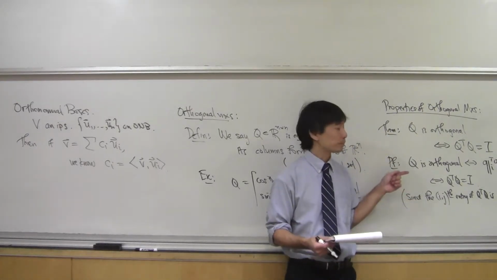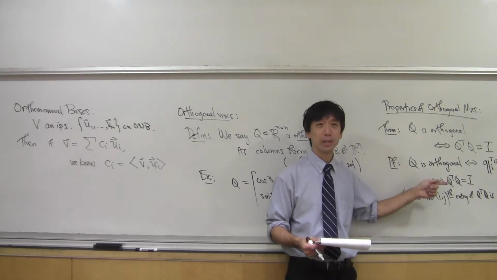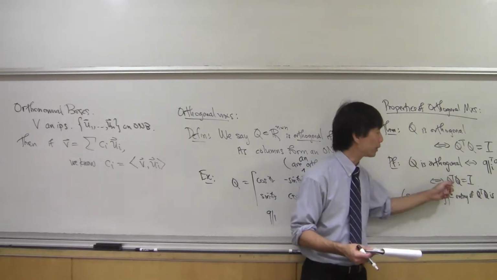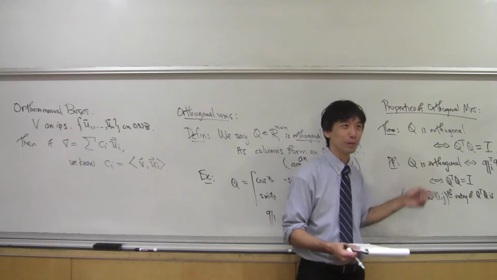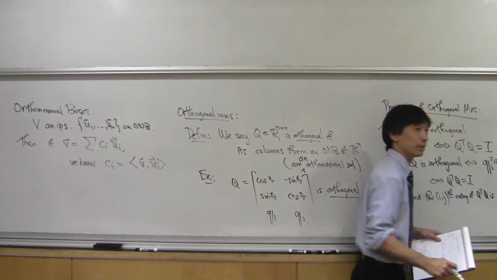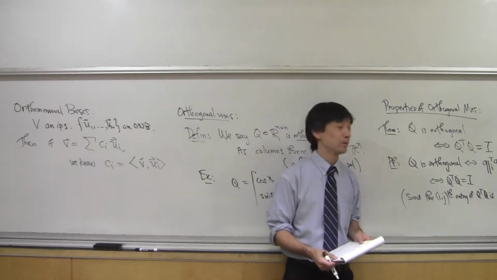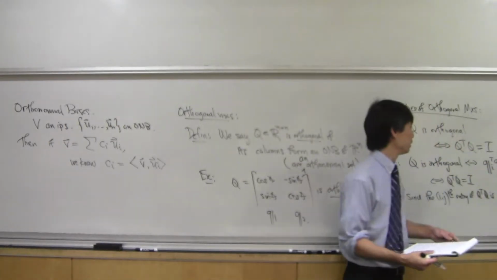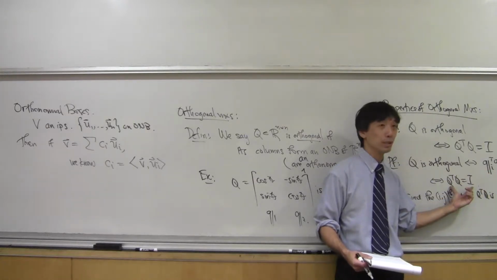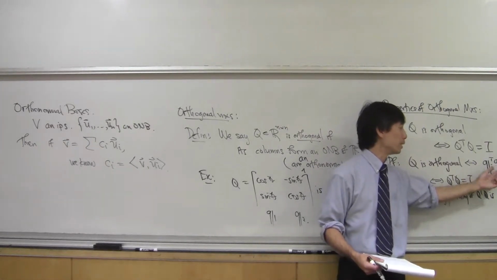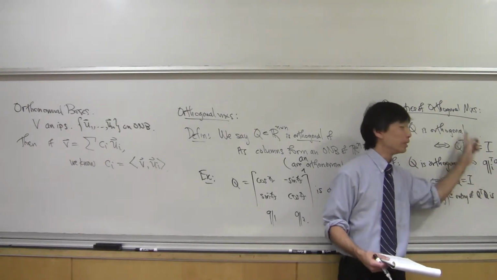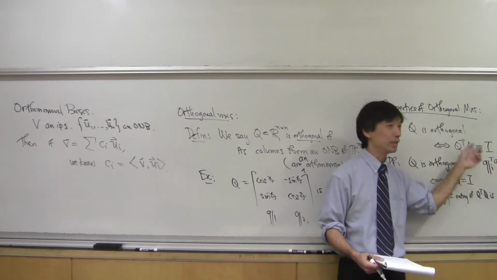Well, you take the ith row of QT against the jth column of Q. But the ith row of QT is the ith column of Q. So you take the ith column of Q against the jth column of Q. So this is the same thing as saying that QTQ equals I, because this is the ijth entry. The only entries that are 1 are down the diagonal, when i equals j, and everything else is 0.